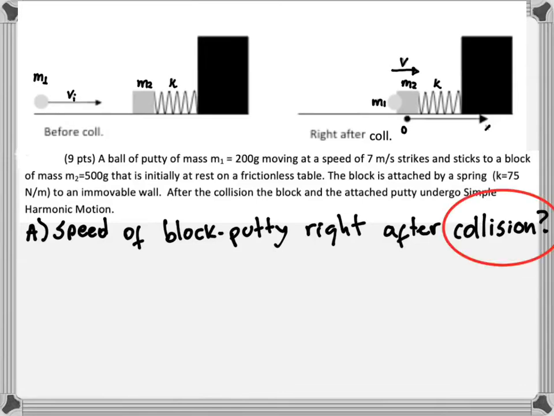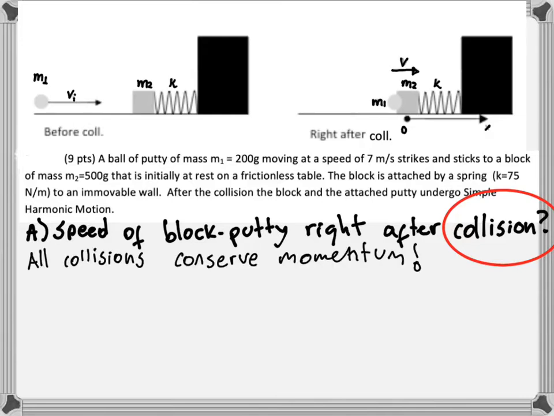Very important to notice: every time you look at a problem and the statement mentions a collision, you're immediately going to think about the fact that all collisions conserve momentum. As long as you apply the conservation of momentum equation, the total momentum of the system right before the collision is going to match the total momentum of the system right after the collision.